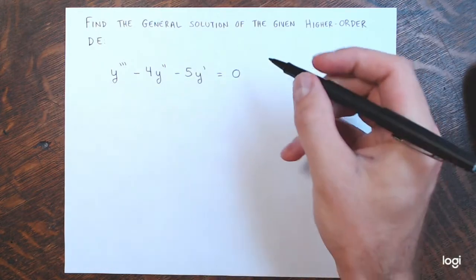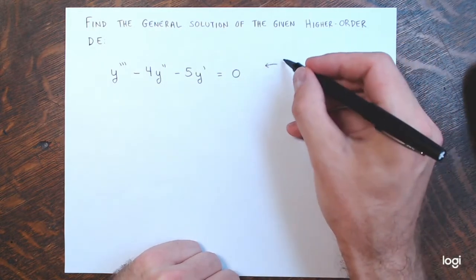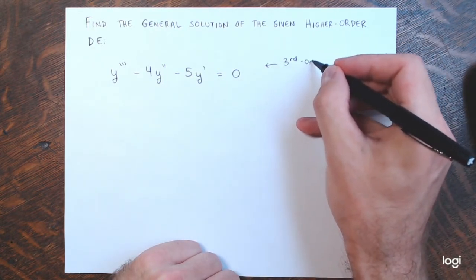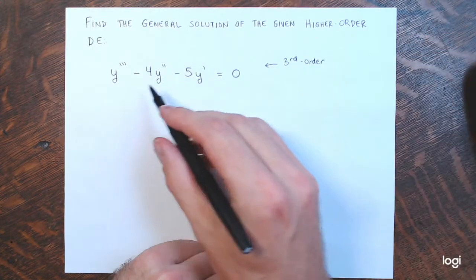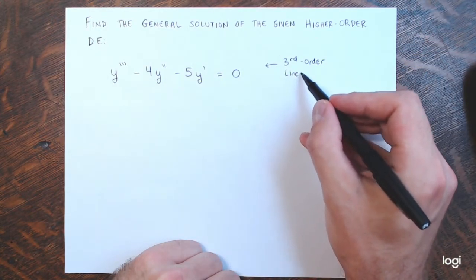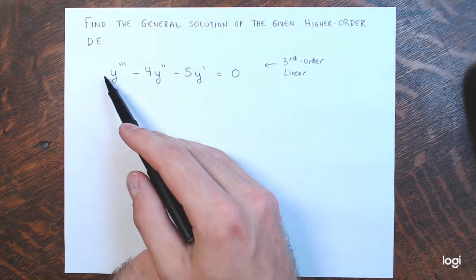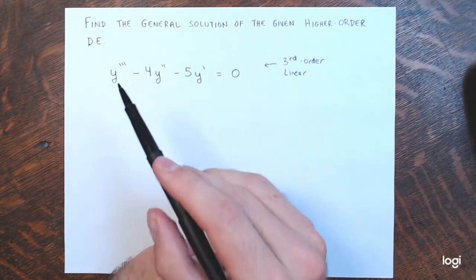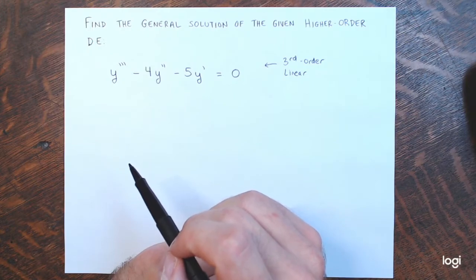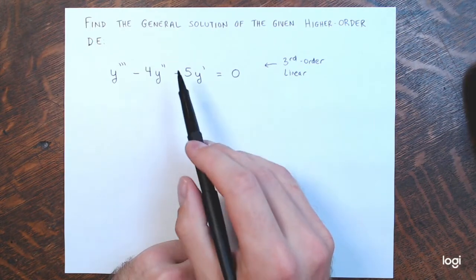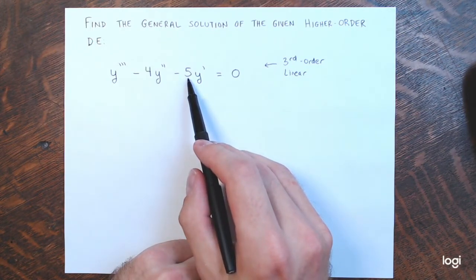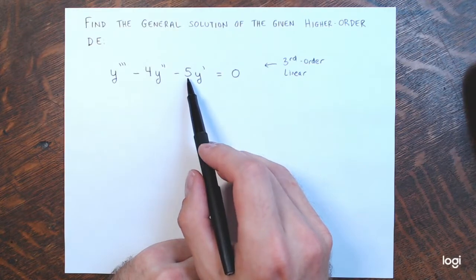Now this first example is a third order linear equation, right? Because all the coefficients on the derivatives of the dependent variable depend on at most the independent variable. Let's say the independent variable is x here.